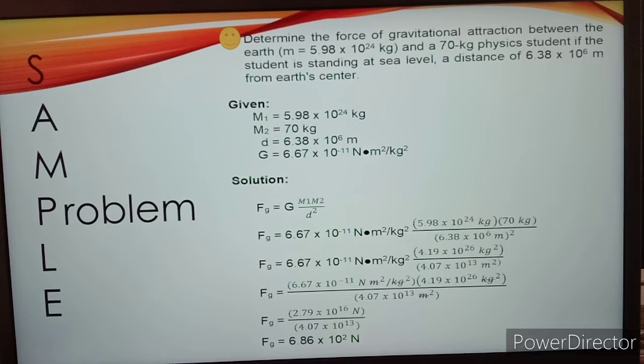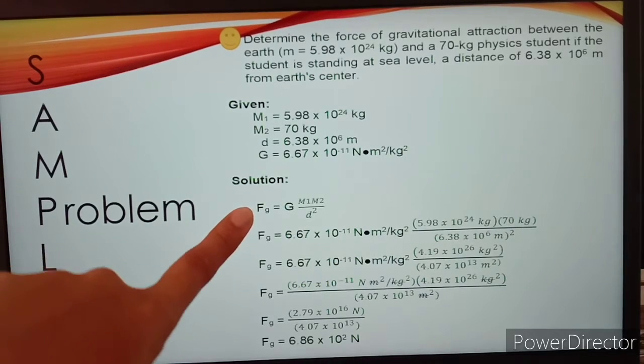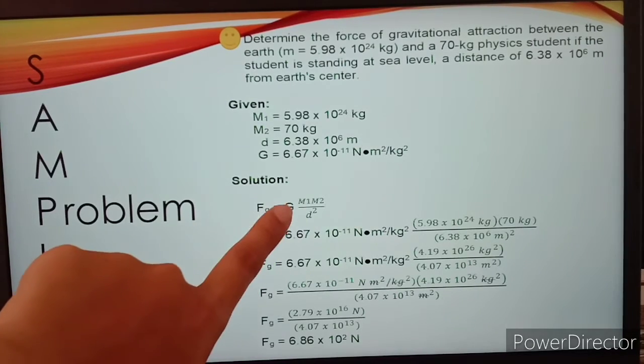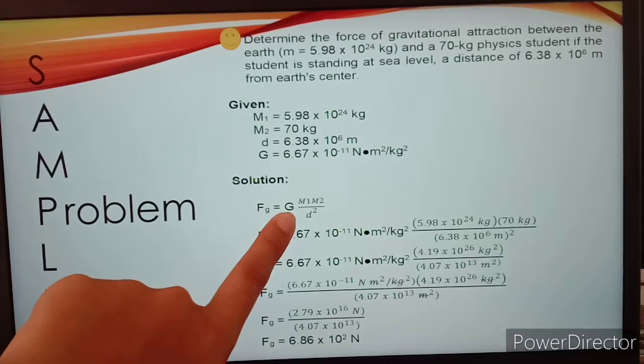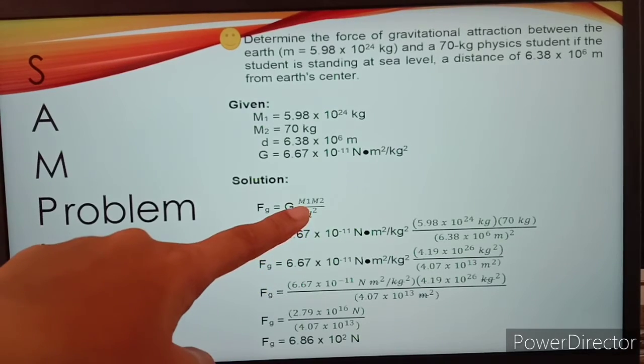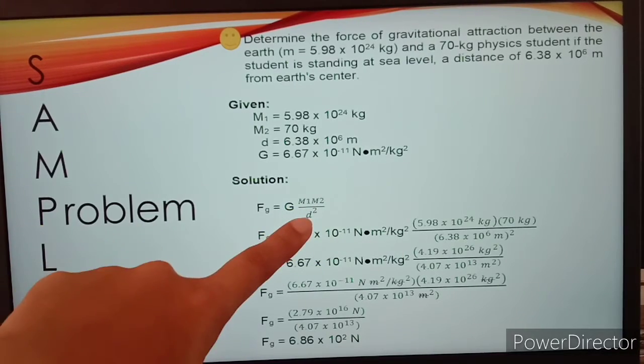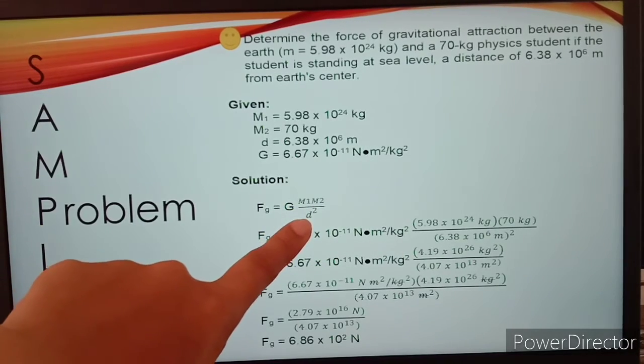Again, the formula that we are going to use is this one. The gravitational force is equal to the universal gravitational constant multiplied by the given masses of two objects divided by the square of the distance.